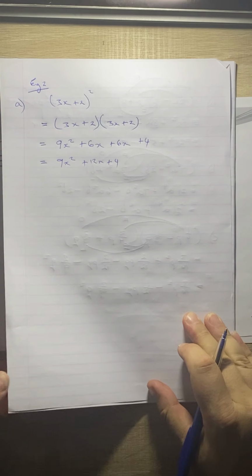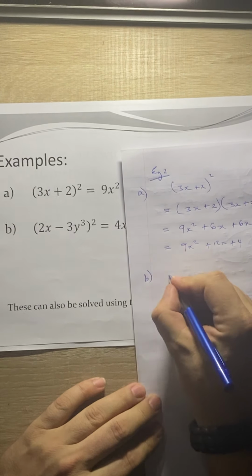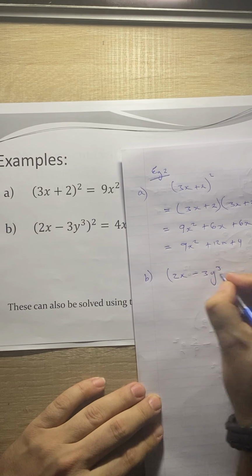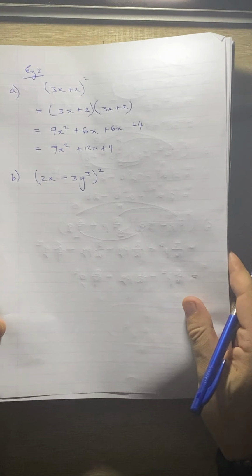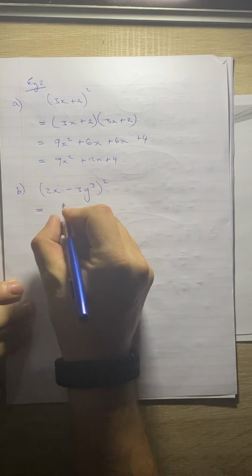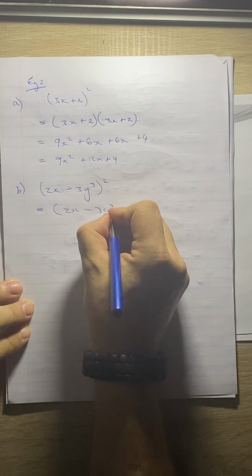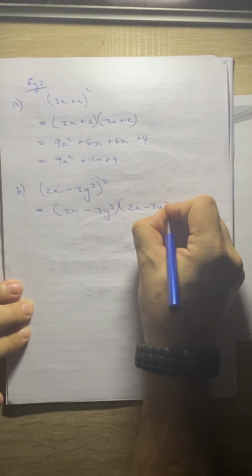All right. Then example B. Okay, again, we've got a bracket that is squared. So all that means is that we have two of those brackets. So it's (2x minus 3y cubed) times (2x minus 3y cubed).